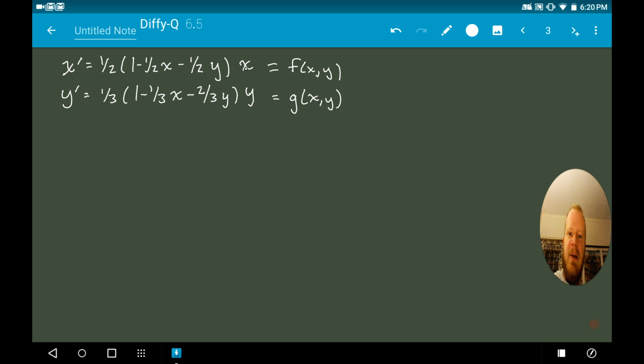When x is equal to 0 and y is equal to 0, you have an equilibrium solution, but you can also set these pieces here equal to 0. So we'll first note that there are multiple equilibrium points, and the system is nonlinear. For this example, we're just going to look at one equilibrium point.